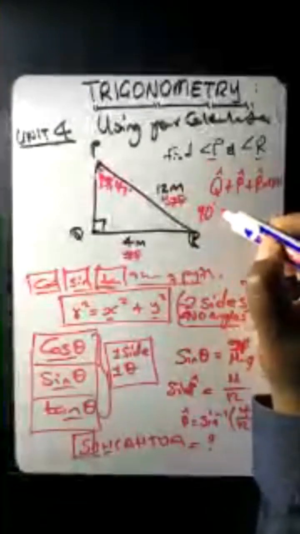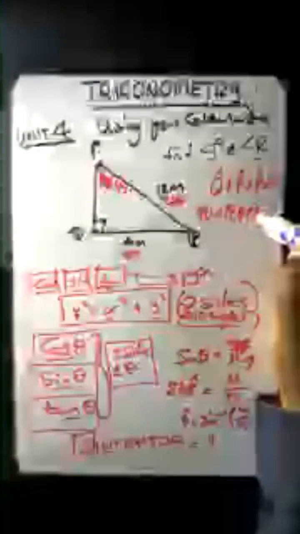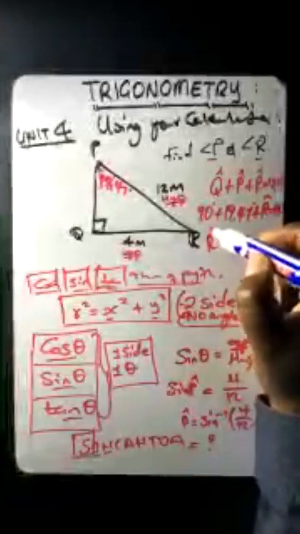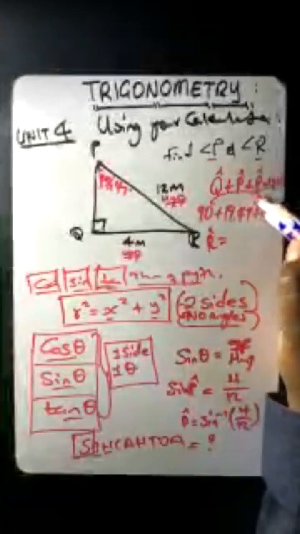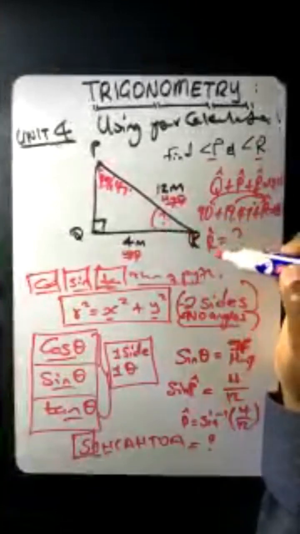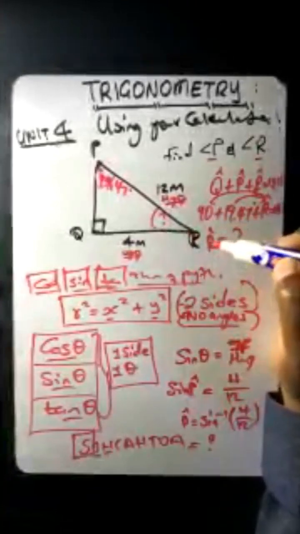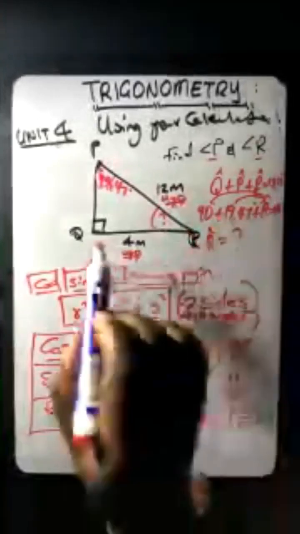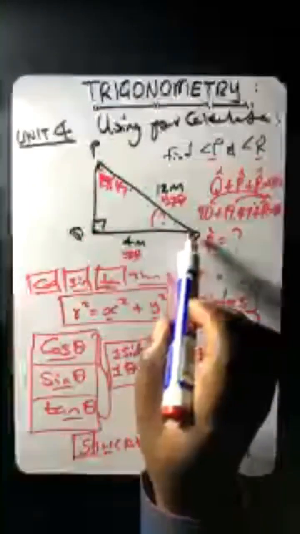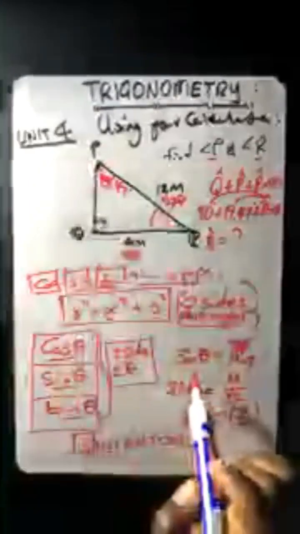So that means 90 degrees plus 19.47 degrees plus angle R equals 180. That means angle R is going to be, you take that to the other side, and then that's how you get your angle R. Otherwise, you can still use a trigonometric ratio that has adjacent and hypotenuse. So now can you see?